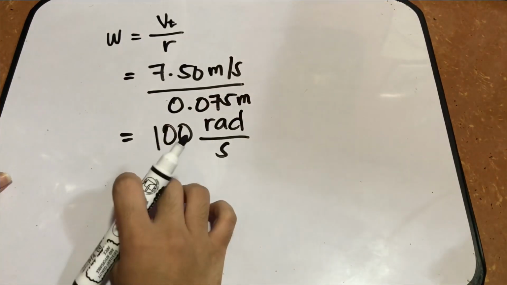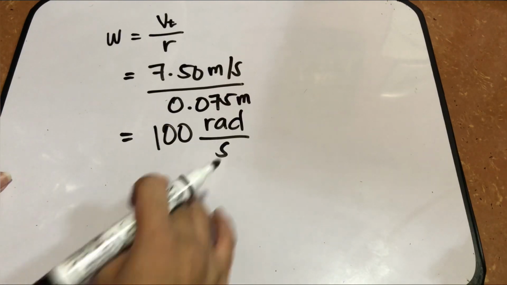So mao na ni siya ang ato ang rotational speed. So kay nakuha naman nato ang iyahang rotational speed, magamit na nato siya para makalculate ang tangential speed sa outer edge sa car's wheel.